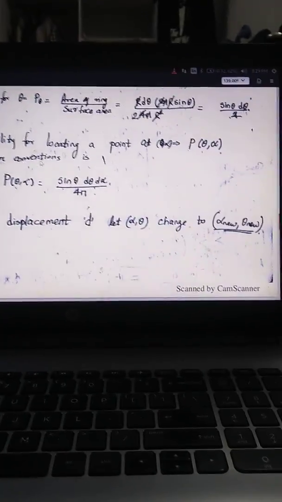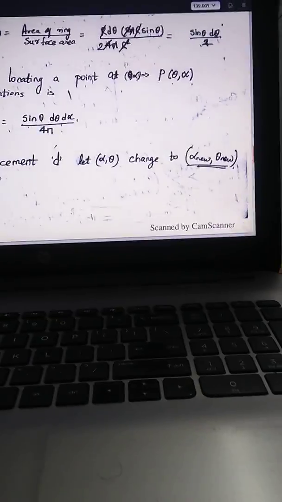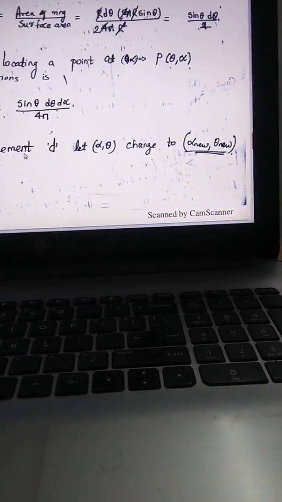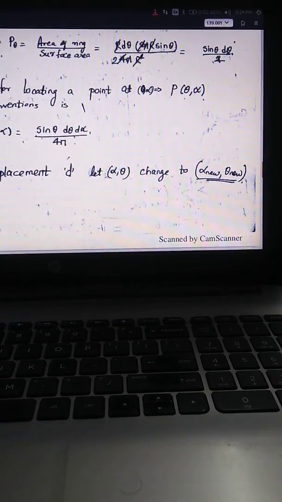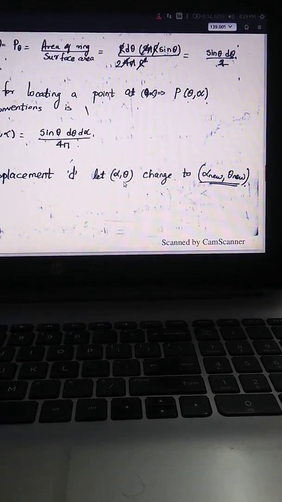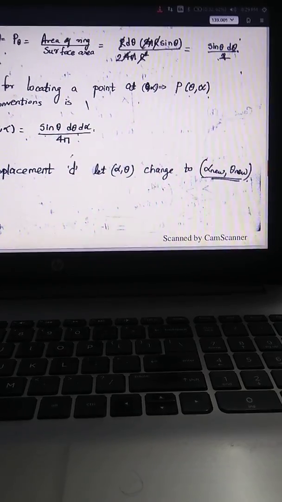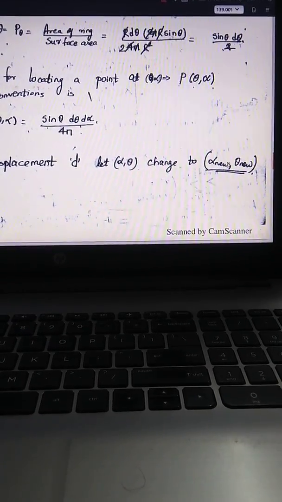Having found the total probability, I need to find, after displacement d, if the initial angles were alpha and theta, what they change to: alpha new and theta new. I have taken two reference lines, a and b.